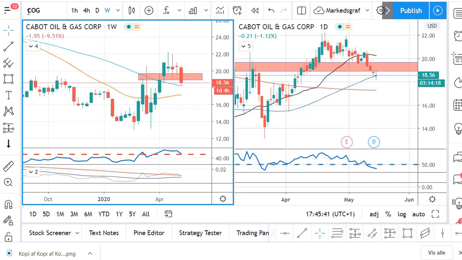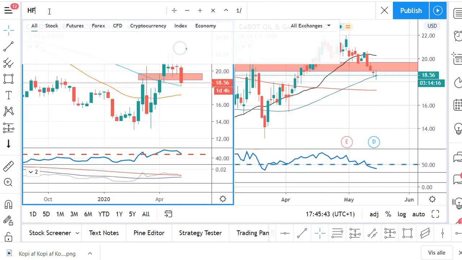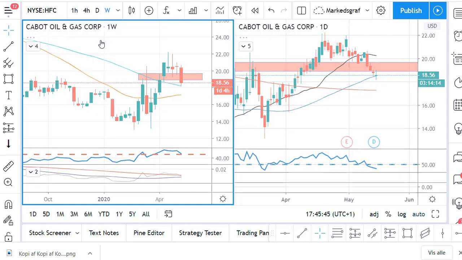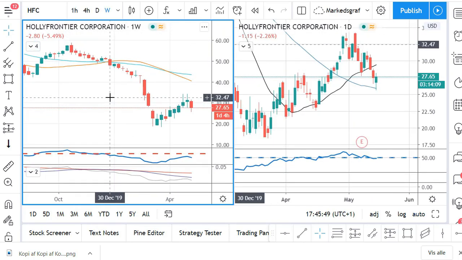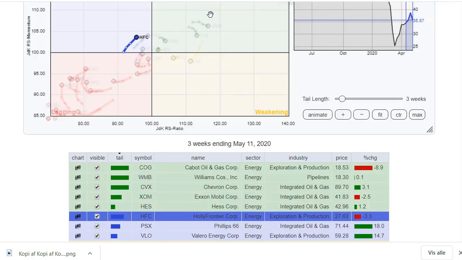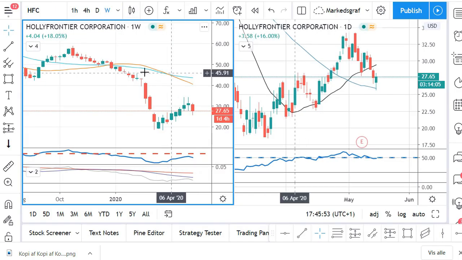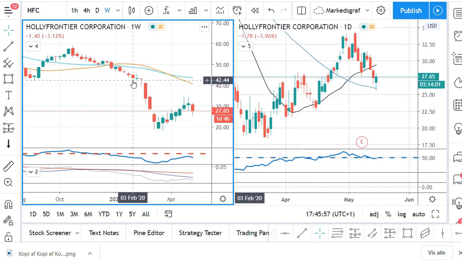Okay, so let's have a look at it and see how this one is doing. Holly Frontier Corporation here. All right, so we can see that, what did we say, 22 weeks ago it started to move a bit down. 2, 4, 6, 8, 10, 12, 14, 16, 18, 20, 22.